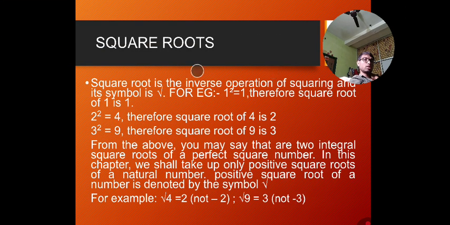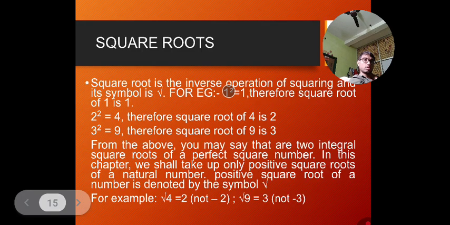Square root is the inverse operation of squaring, and its symbol is like that. This is just the opposite, the inverse operation of a square. When we use this square in our equation, then we can convert it back.